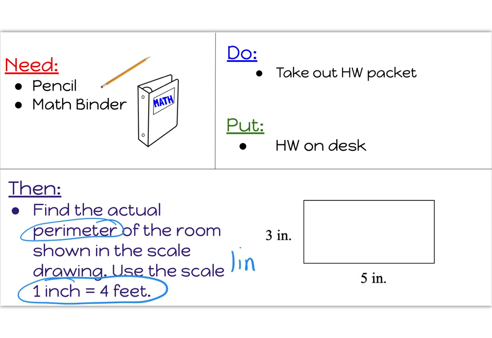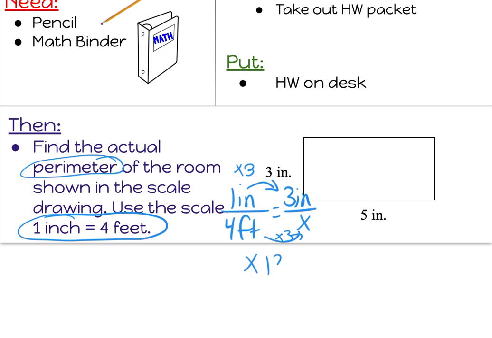1 inch is 4 feet, so 3 inches would be, looking at that, we're multiplying by 3 on the top, so we will be multiplying by 3 on the bottom. 4 times 3 would be 12 feet.